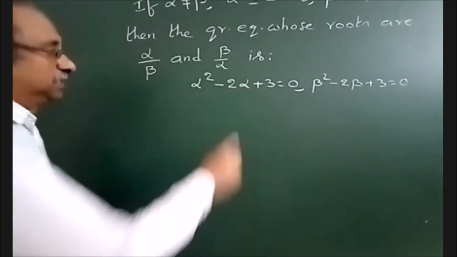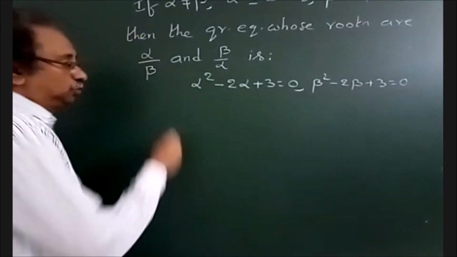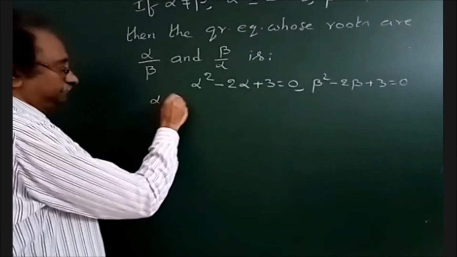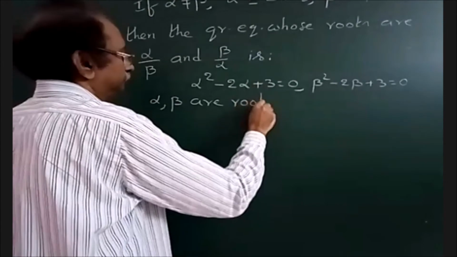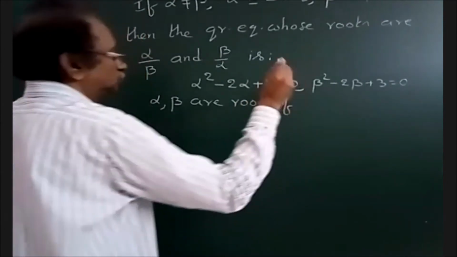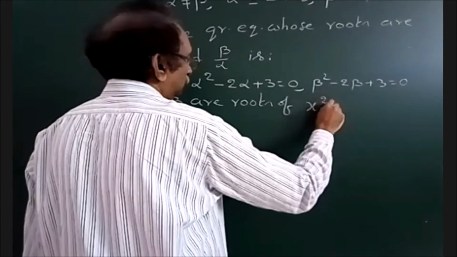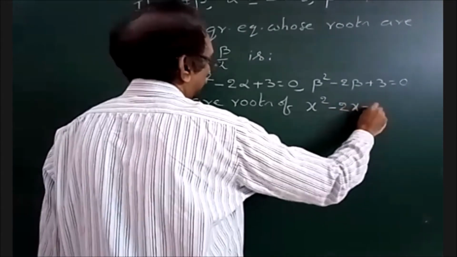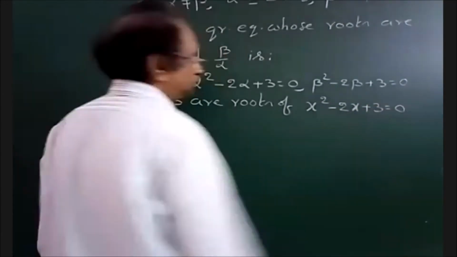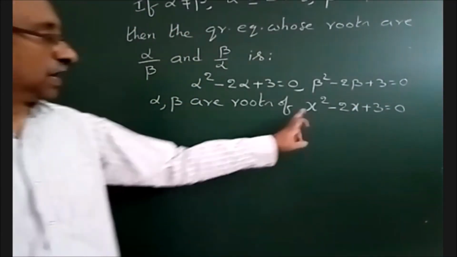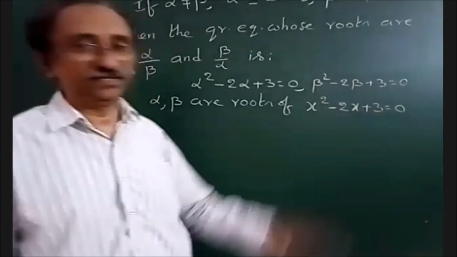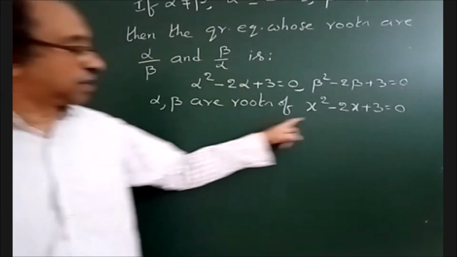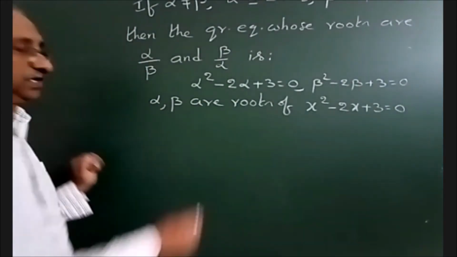That means alpha, beta are roots of x square minus 2x plus 3 is equal to 0.